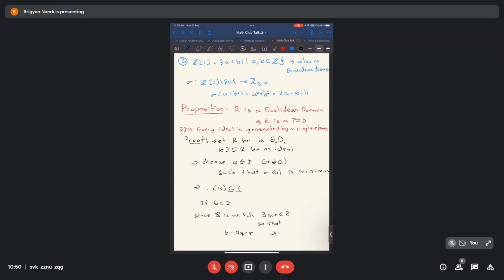Where R is equal to zero or sigma of R is less than sigma of Q. But now here will come our contradiction.